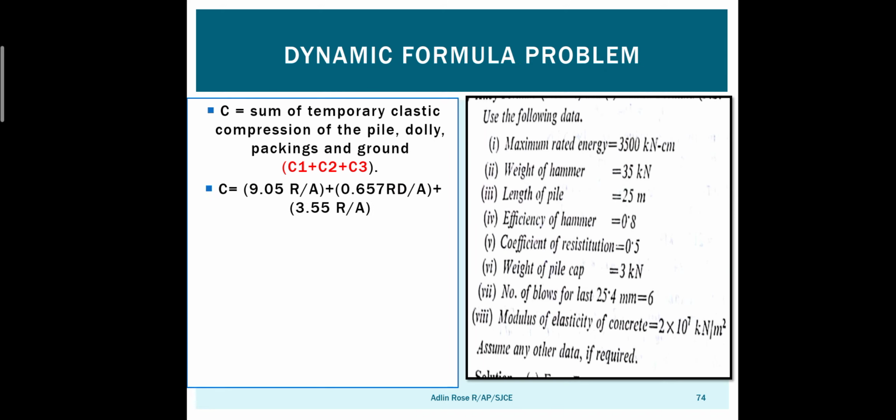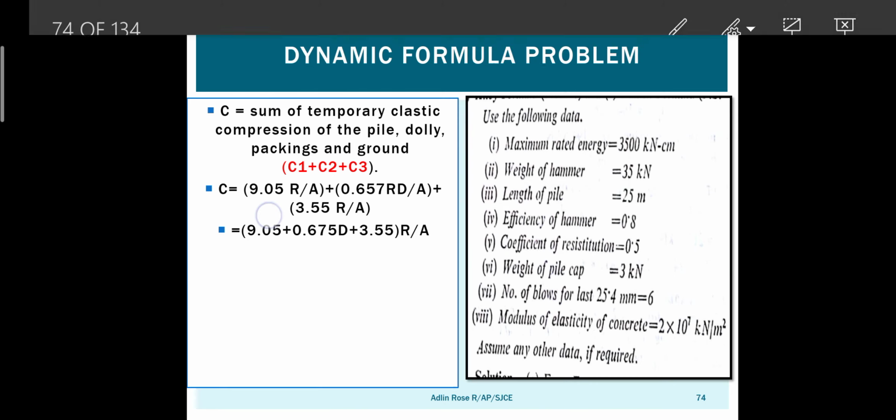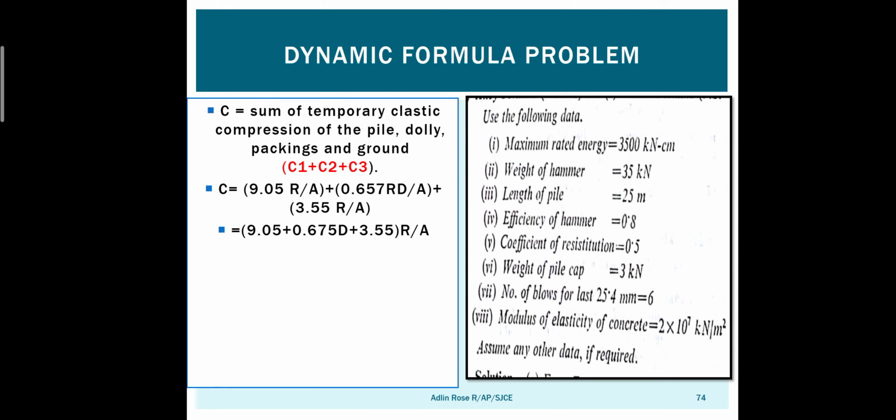Okay, then we have to find the constant value. We know that C equals C1 plus C2 plus C3. You have to memorize the three formulas: 9.05 R by A plus 0.657 R D by A plus 3.55 R by A. Substitute R. What is R? Resistance. It is not given in the question, but as I said earlier while explaining the concept, you can take the resistance R as the total load QU.